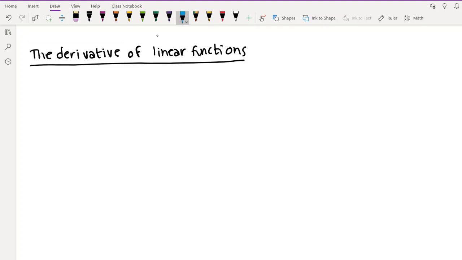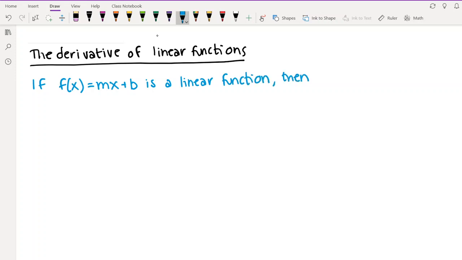So I'll summarize that as saying if f of x equals mx plus b is a linear function, then the derivative is just equal to whatever the slope of that line is.